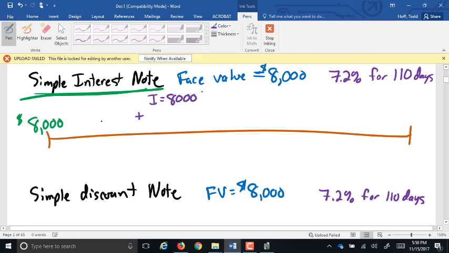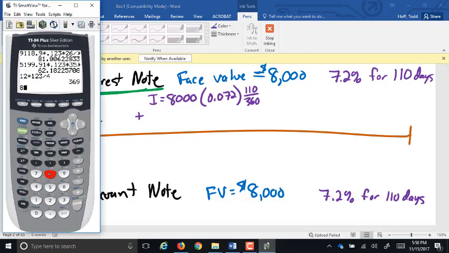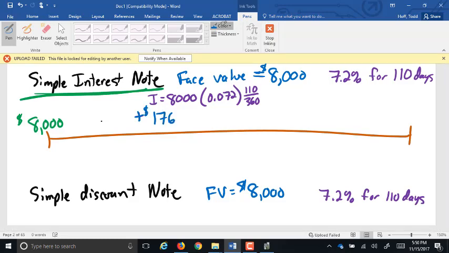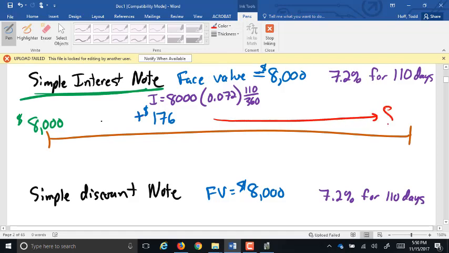Interest is going to equal the 8,000 times 0.072 times 110 over 360, giving us $176 in interest. Which means at the very end, you are going to pay back $8,176. That is the maturity value.